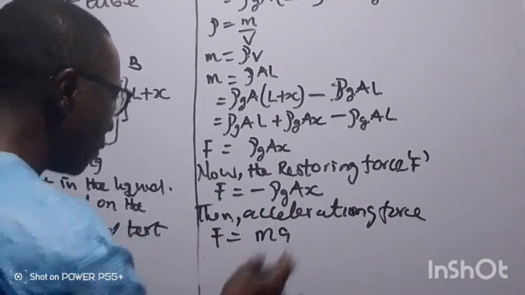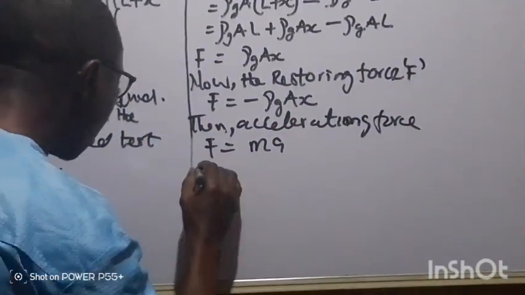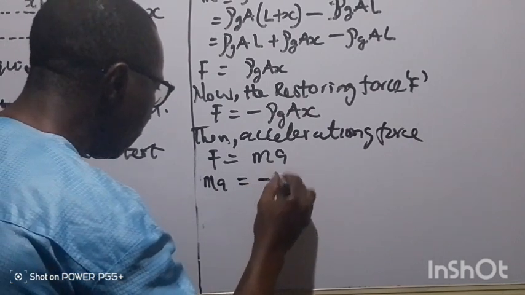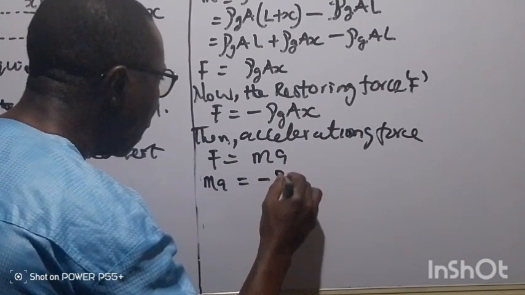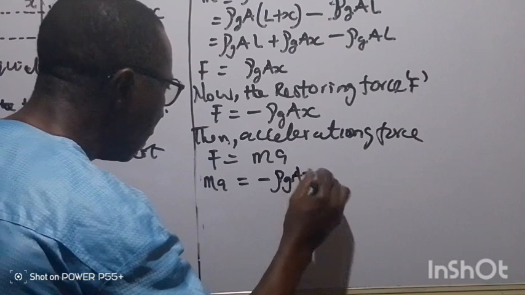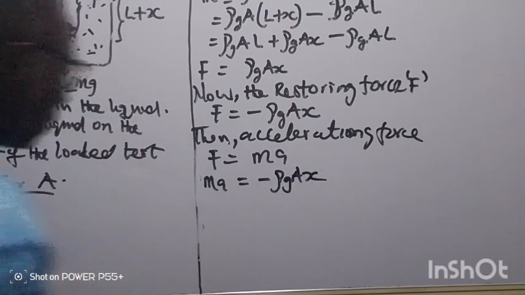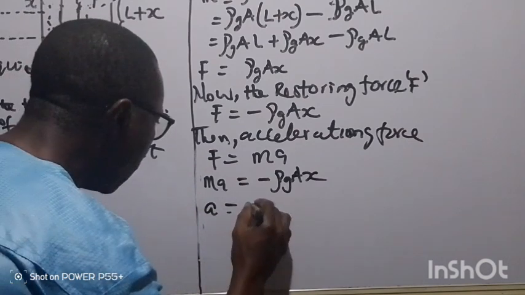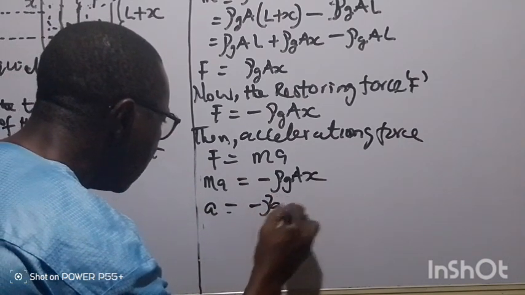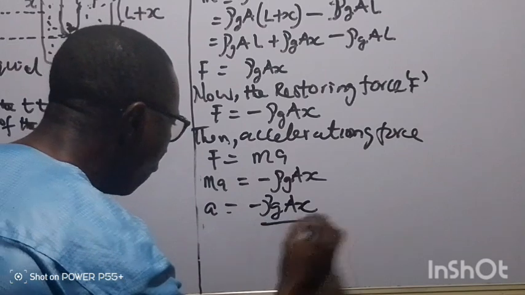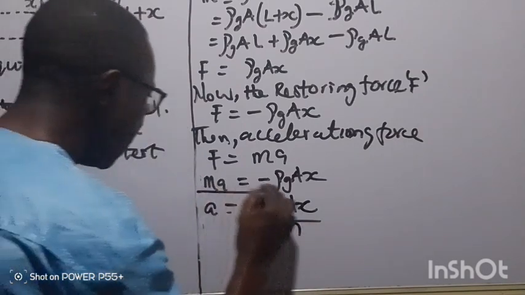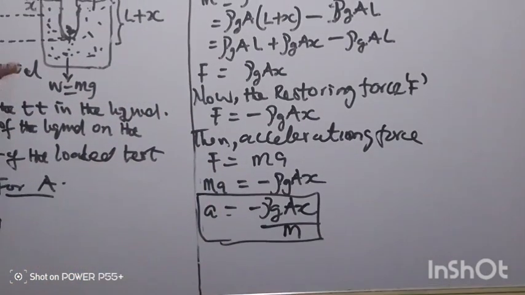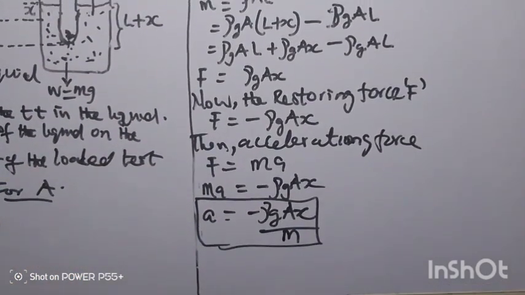So equating the two together, we are going to have ma will be equal to minus density G A S. Therefore, the acceleration of a loaded test tube A will be equal to minus density G A S over L. That's the acceleration of a loaded test tube oscillating up and down to perform simple harmonic motion.